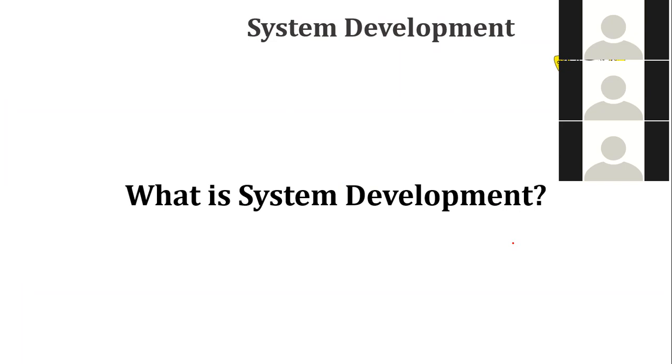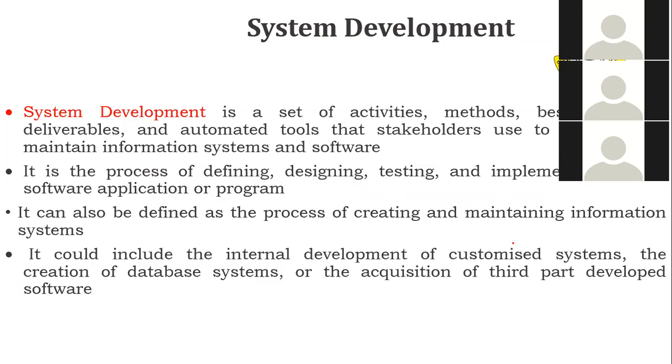So what is system development? We've looked at design. What exactly does system development become? Once you've set up your design, you need to then begin the implementation. The system development part is where you set up activities, methods, best practices, deliverables, and automated tools that stakeholders can use to develop and maintain information systems.